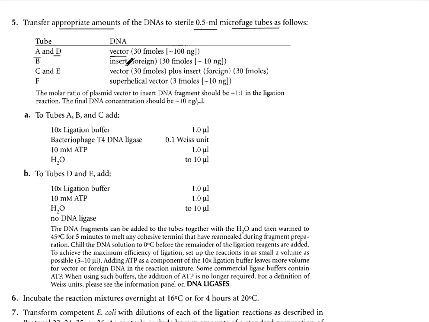Your tube B will have only the foreign DNA. Your tubes C and E will have vector plus insert. And your F will have supercoiled vector. So you have to have different types of samples to compare. Otherwise, you will not be able to know what my result should look like.